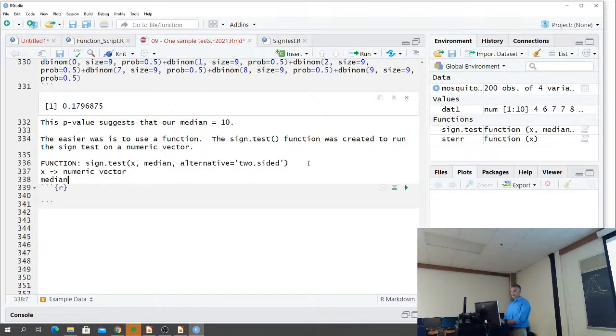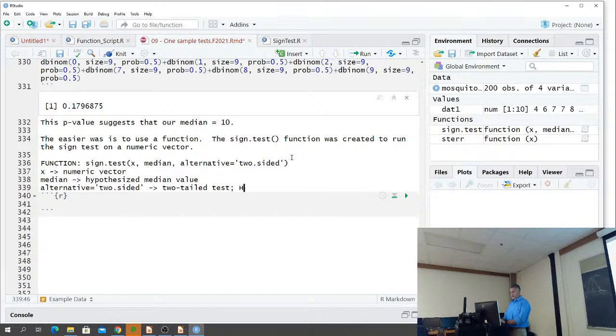So with this function, our x will be the numeric vector. Our median is the hypothesized median value. And then alternative equals two.sided tells us that we are doing a two-tailed test. All right, so for that, our alternative hypothesis is that our median is not equal to the hypothesized value.